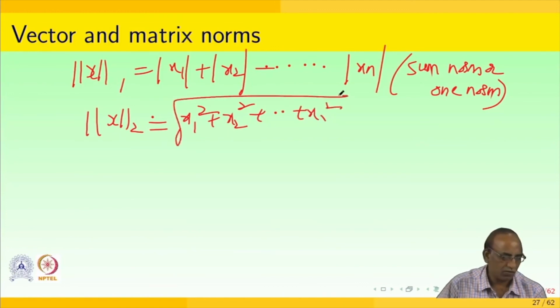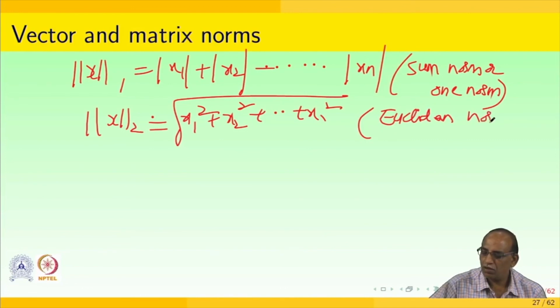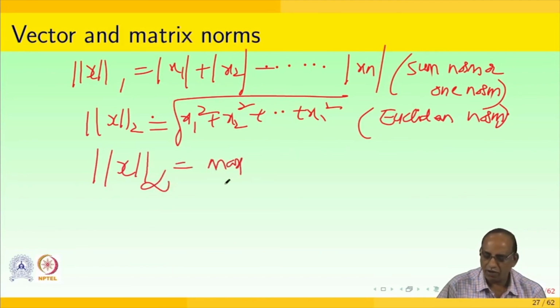So this is what is called the Euclidean norm. And the third one is the maximum over i of mod of xi. It is called the infinity norm.